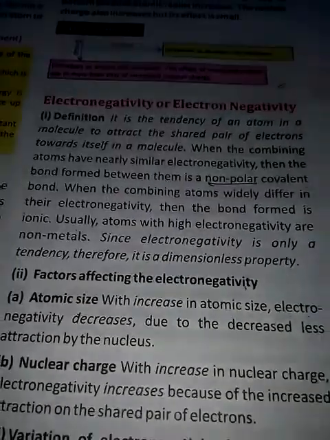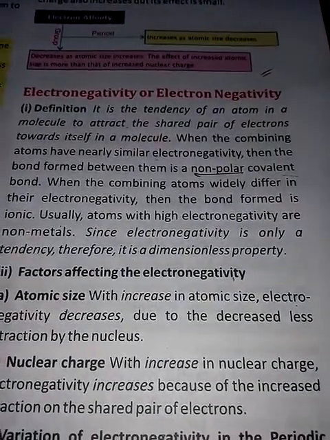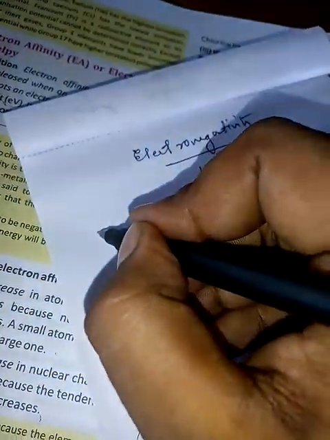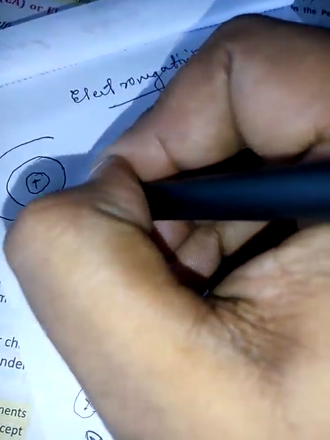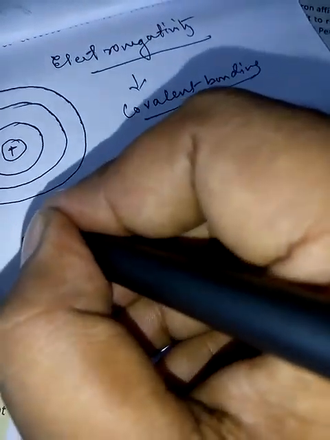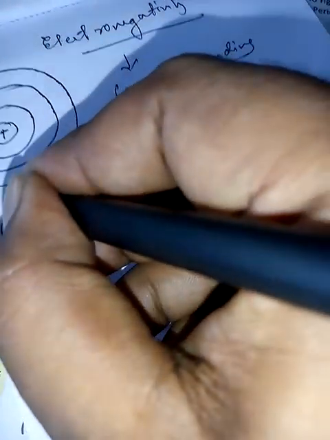So just imagine this is the nucleus, and I am comparing two atoms, and this is another atom of small size.